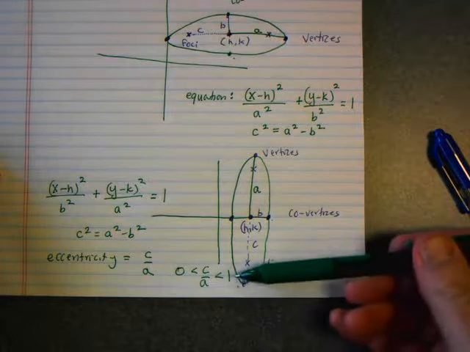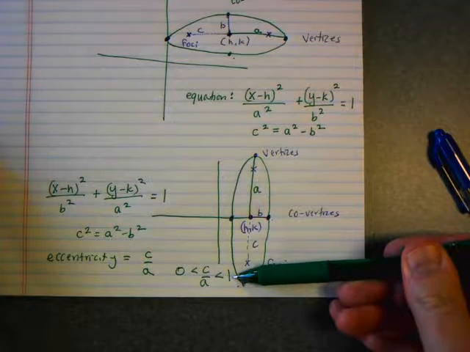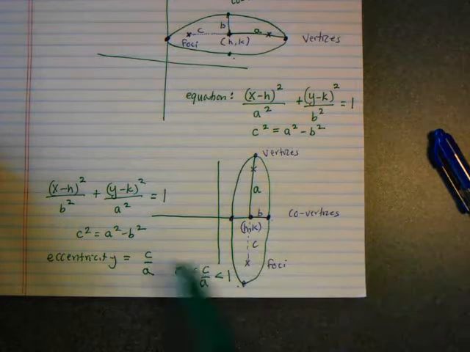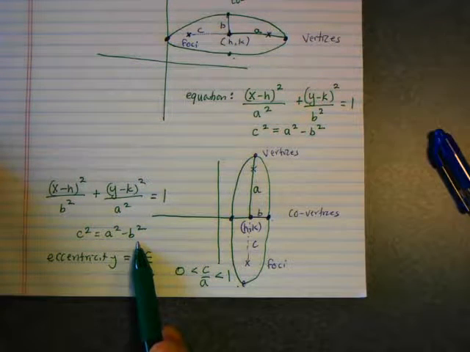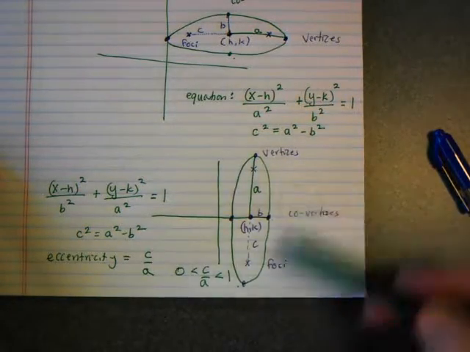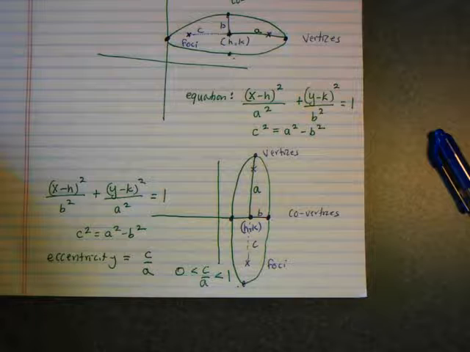On the other hand, what happens when eccentricity is close to 1? Then A had to be quite a bit bigger than B. So you get ellipses that look like the ones I've drawn. They don't look very much like a circle at all.